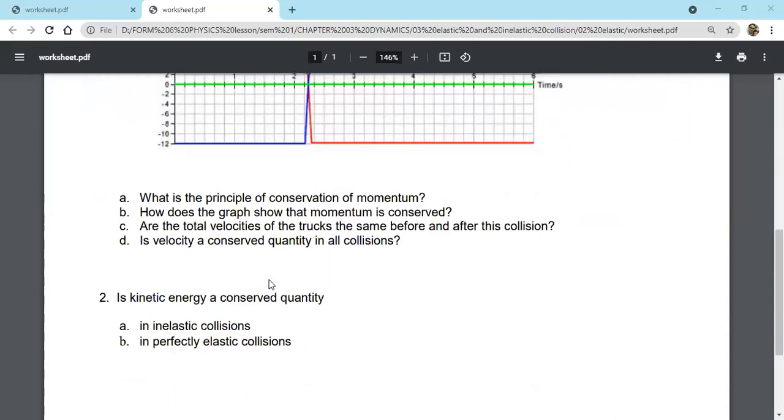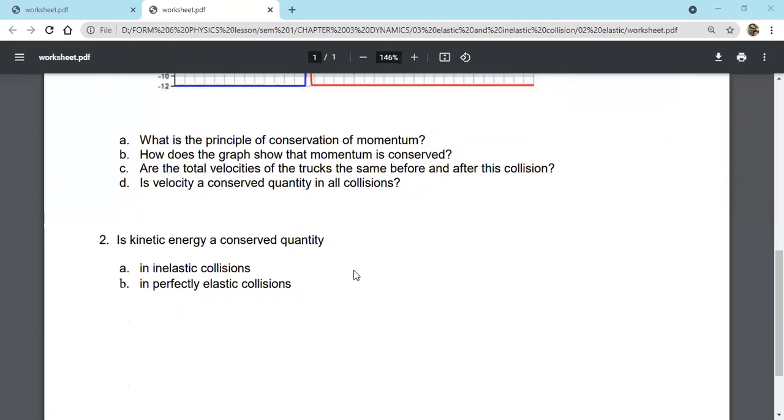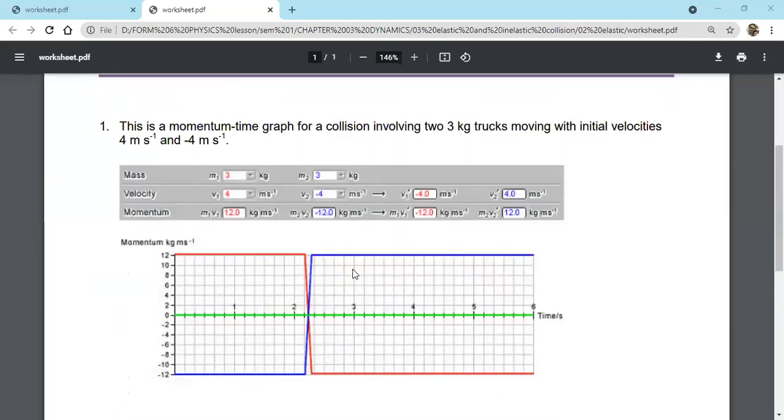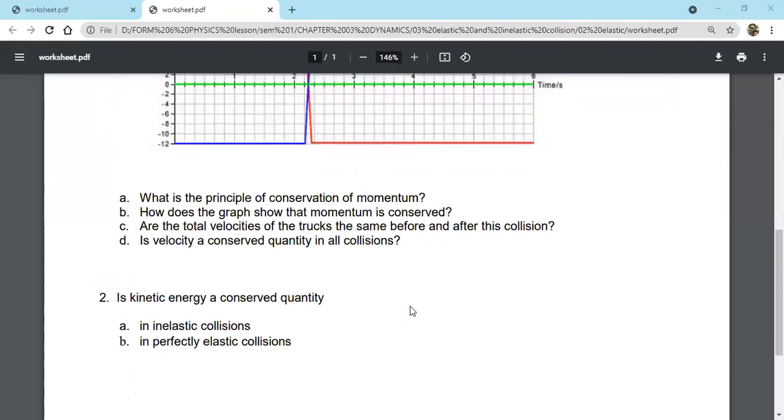Now, what is the principle of conservation of momentum? If we wish to explain the principle of conservation of momentum, A, we write that. Okay, I write somewhere here.